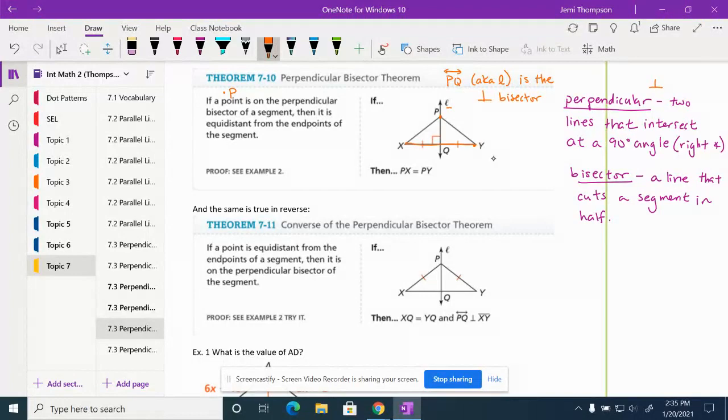So lots of vocab to be reminded of as we roll through this. If a point is on the perpendicular bisector, line PQ, then my conclusion states that it is true that this point P is equidistant from the endpoints. So these distances are equal, right? And so we can mark congruent with these marks. So here's my conclusion. It's true that PX is equal to PY.